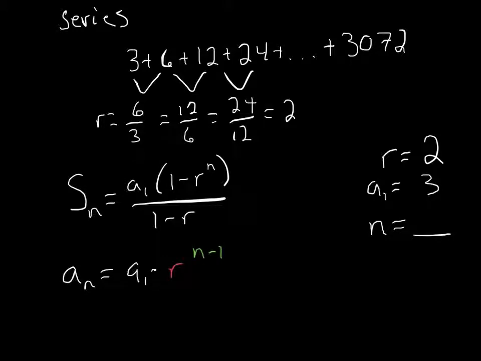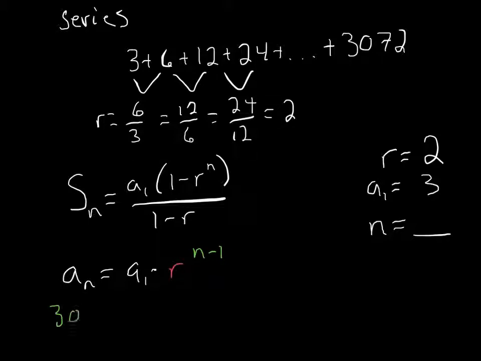We have the first term and the common ratio, and then we have a sub n. Let's think of this as the last term. So let's see how many terms there are to get from 3 to 3072. The 3072 is going to be my a sub n, the value of the last term that we're trying to find.